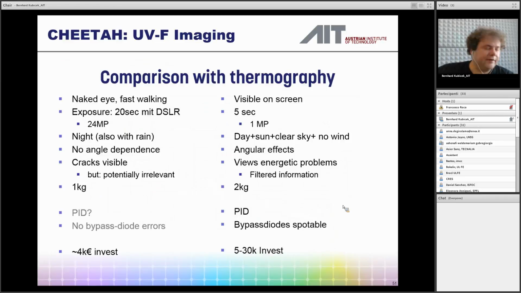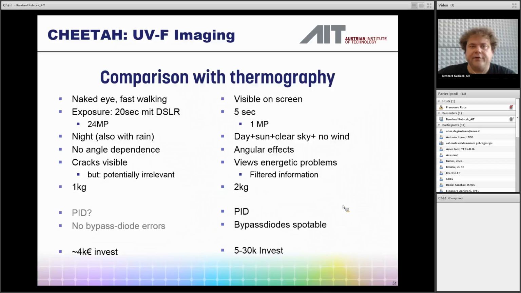Here we did a comparison of the two systems. If you want to take a picture with UV fluorescence, it takes you 20 seconds, but you get a 24 megapixel picture if you have a good camera. With thermography, you get low resolution pictures, but you have short exposure time.